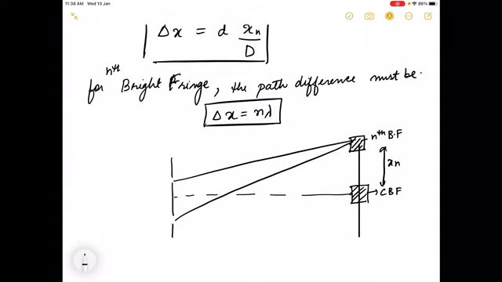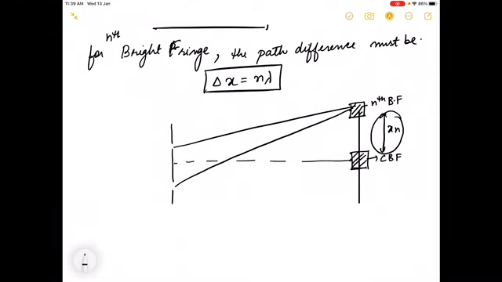So we are saying that the distance between the central bright fringe and the nth bright fringe is some xn. Very carefully keep this in mind.